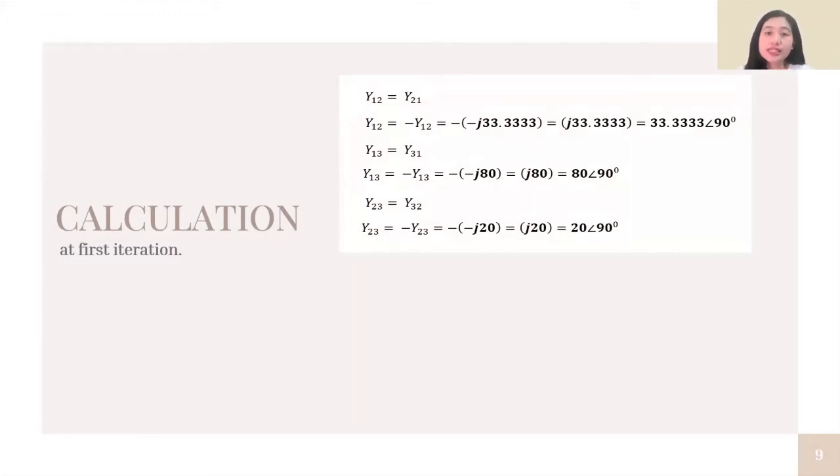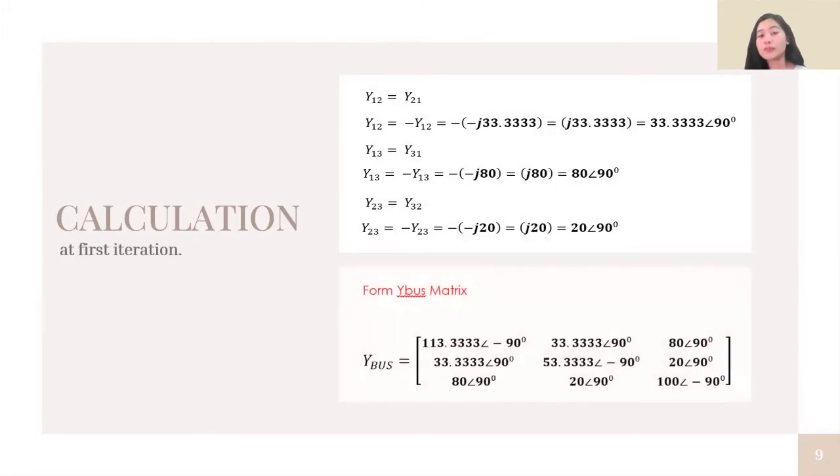So our value from earlier, negative j33.33 for y12, we multiply by negative, and of course it becomes positive 33.3333 at an angle of positive 90 in polar form. Same goes for y13: negative j80 times negative 1 is positive j80, and in polar form that is 80 at an angle of positive 90. y23 is 20 at an angle of positive 90.